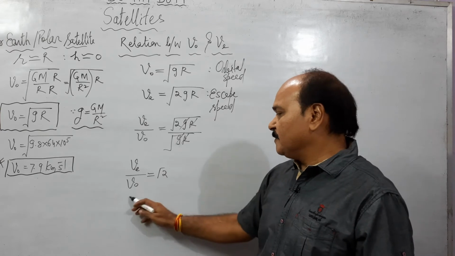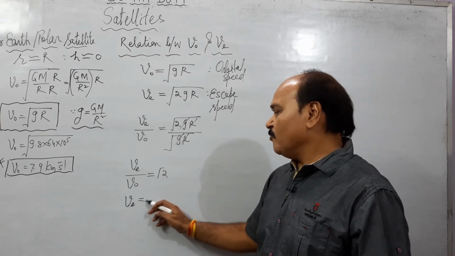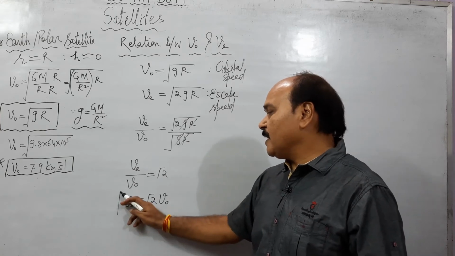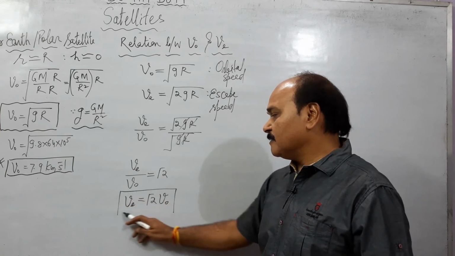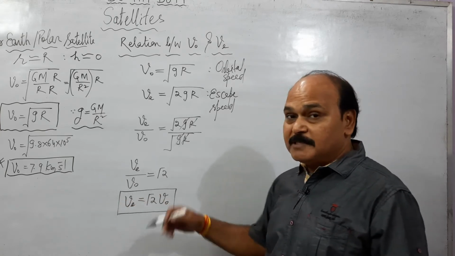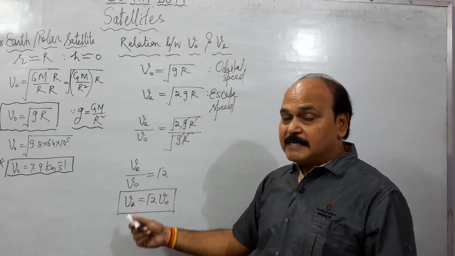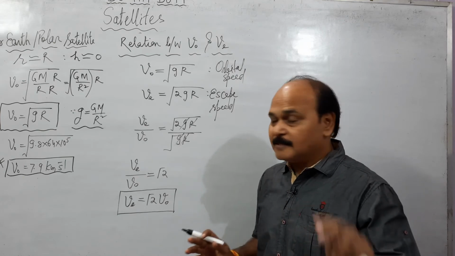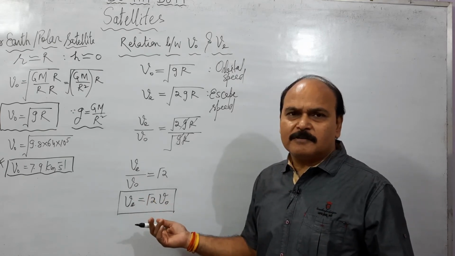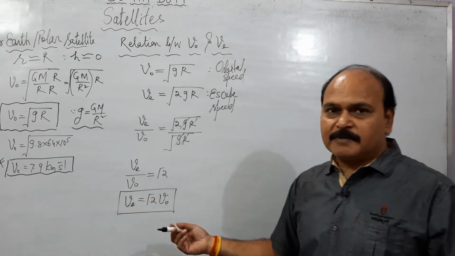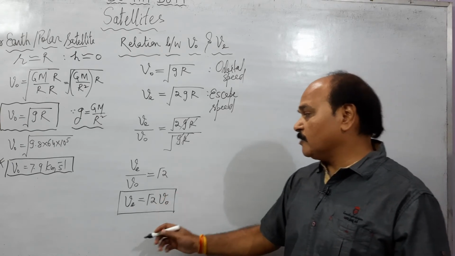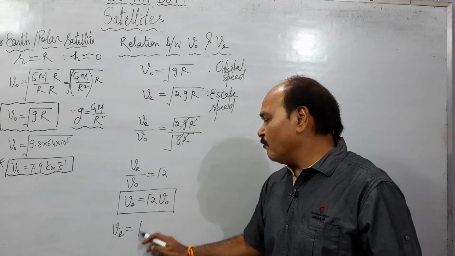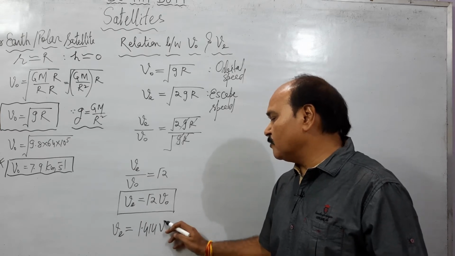Well, this simply means escape velocity is root 2 times orbital velocity. This is the requisite relation. This relation means that escape velocity is greater than orbital velocity by 41.4%. And how do we work it out? See, I am going to work it out. You can straightway say, and also you can work it out. What is escape velocity? Escape velocity is root 2, root 2 means 1.414 times V0.